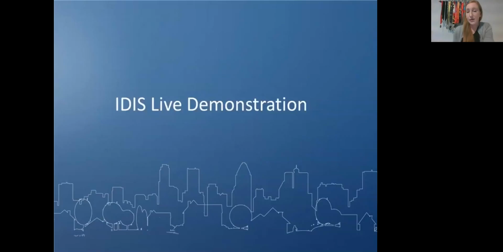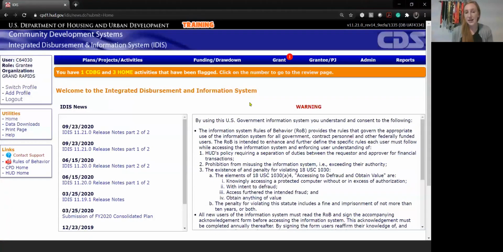So now I am hopefully not going to break this, and I'm going to take everyone over to what is called the IDIS UAT, or the IDIS User Acceptance Training Environment. This is an environment that is available to grantees, and they can go in here and practice in IDIS. Just to explain, this environment is typically updated once every month or so.